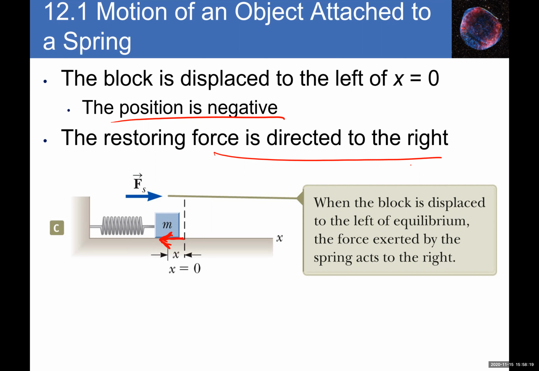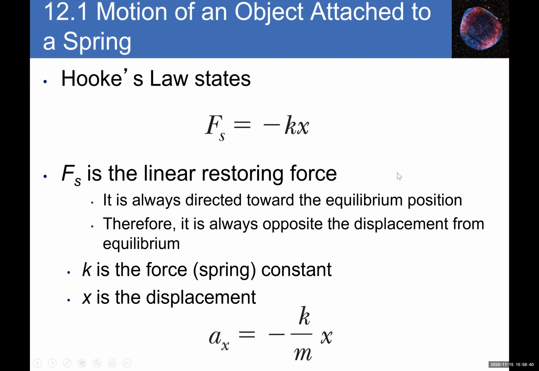All right, so one of the things we can see from here is that the motion of the block to the right or to the left, the displacement positive or negative, always corresponds with the force being in the opposite direction. Displacement is positive, force is negative. Displacement is negative, force is positive. And this relationship is given with this equation where spring force equals negative kx, known as Hooke's law. We mentioned that before.